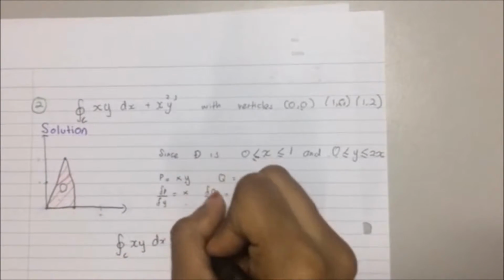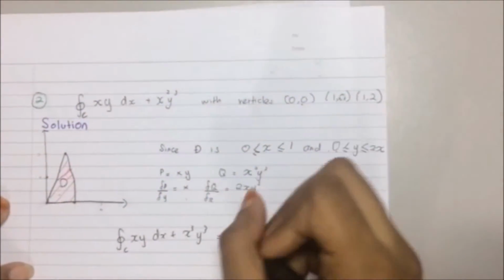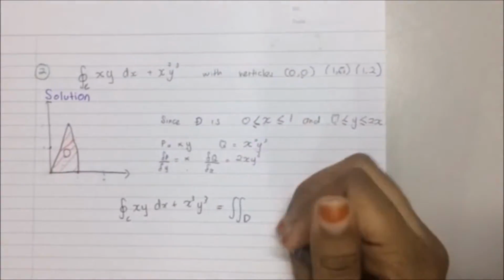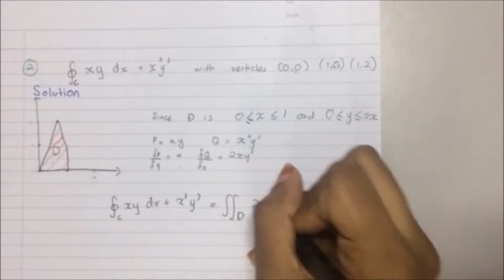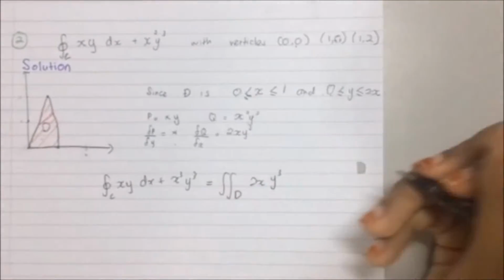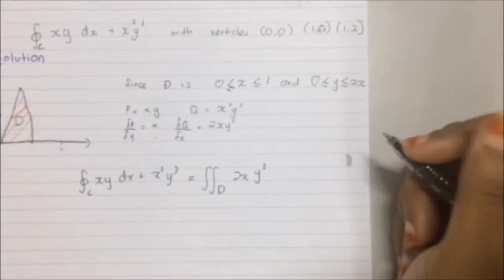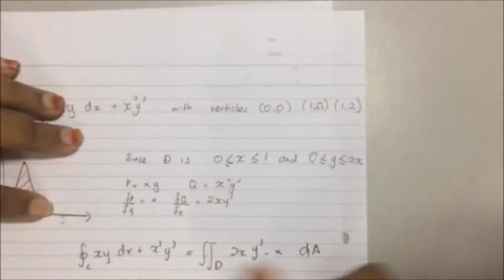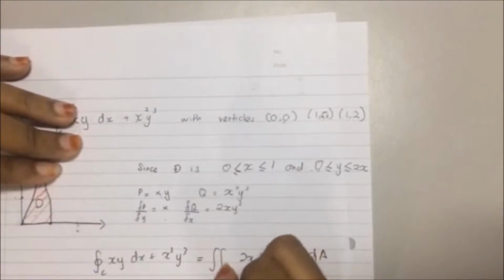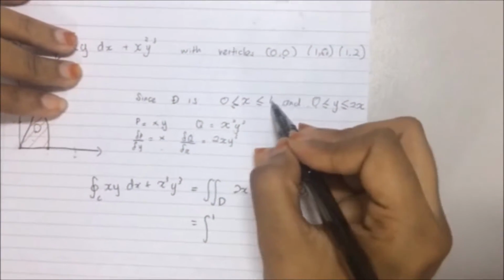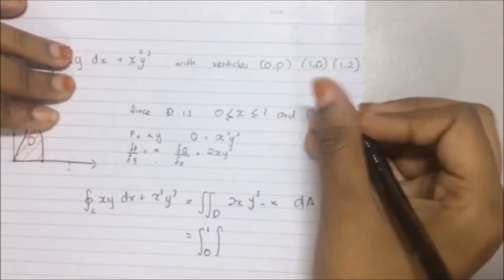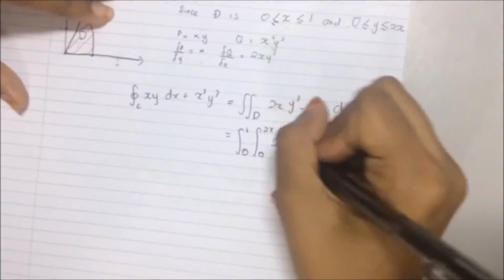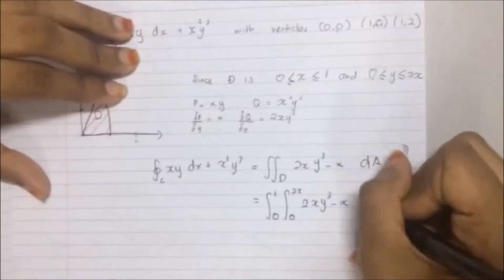Which is with respect to x, dx plus x squared y cubed dy equals the double integration of region D of 2xy cubed minus x dA. So that equals the integration of 1 to 0, we just include this, 0 to 2x, 2xy cubed minus x dA.